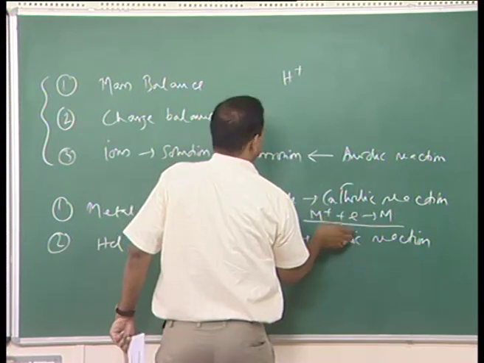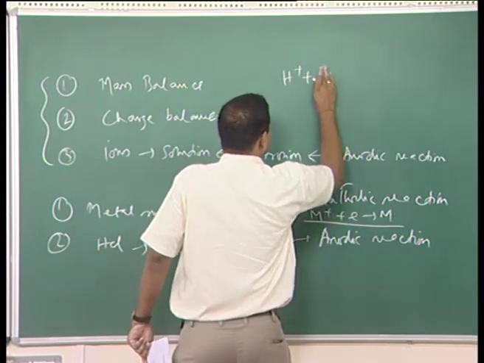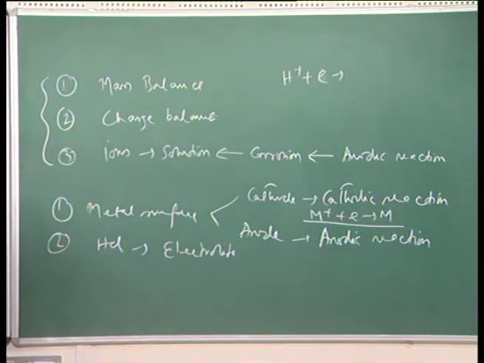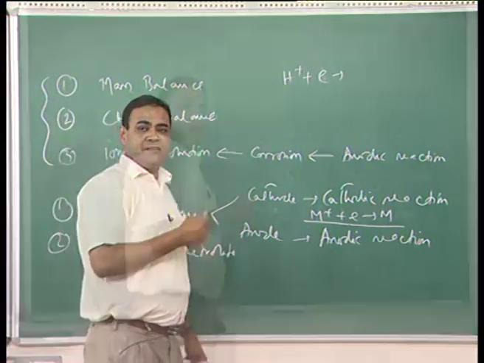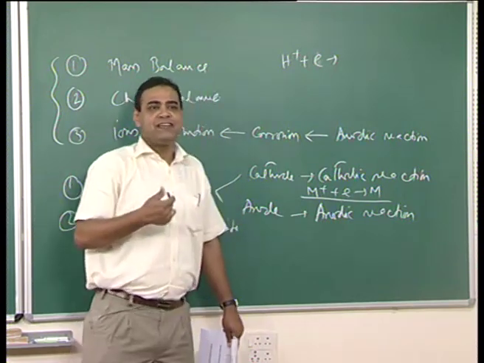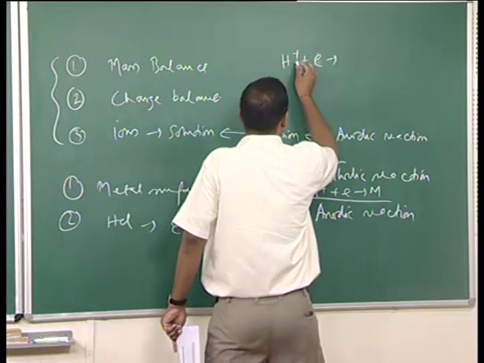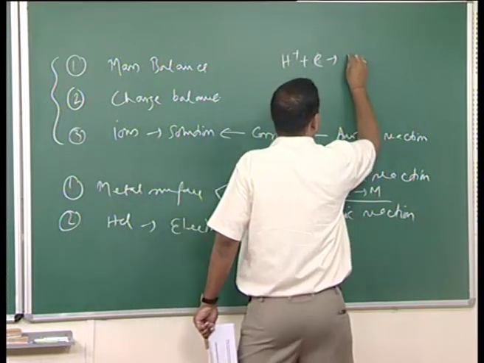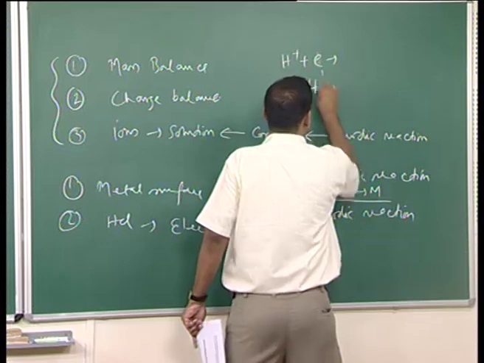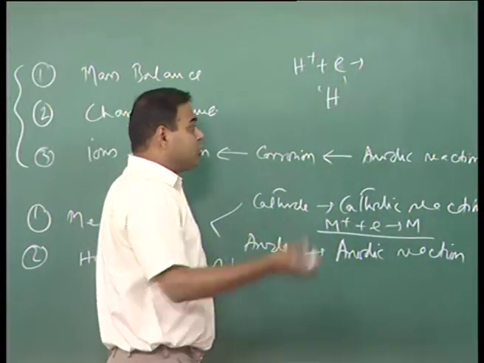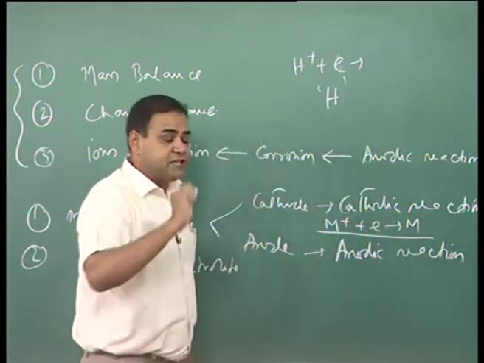If you would like to understand this, let us consider this reaction. What is hydrogen? Hydrogen is a reducing agent. If hydrogen is a reducing agent, that means it reduces something and on the way it gets oxidized. Now consider that oxidized part.